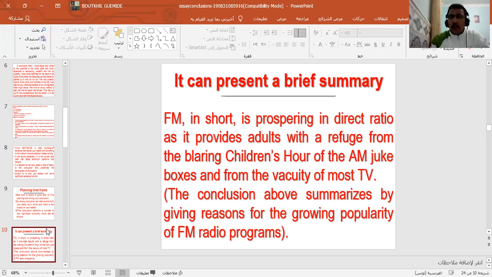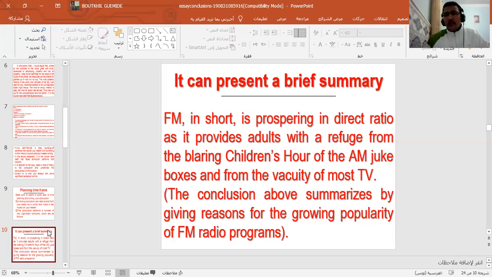Here in this conclusion, it provides a summary of the growing popularity of FM radio programs. All right. This essay discussed the reasons for the growing popularity of FM radio programs, meaning why people prefer listening to radio programs rather than watching TV shows.